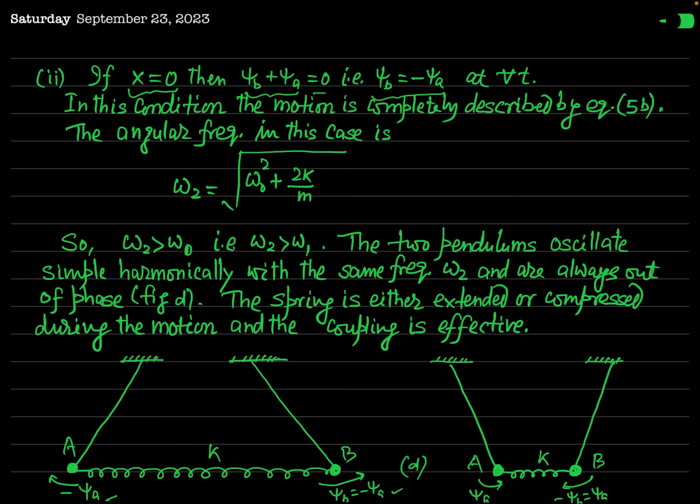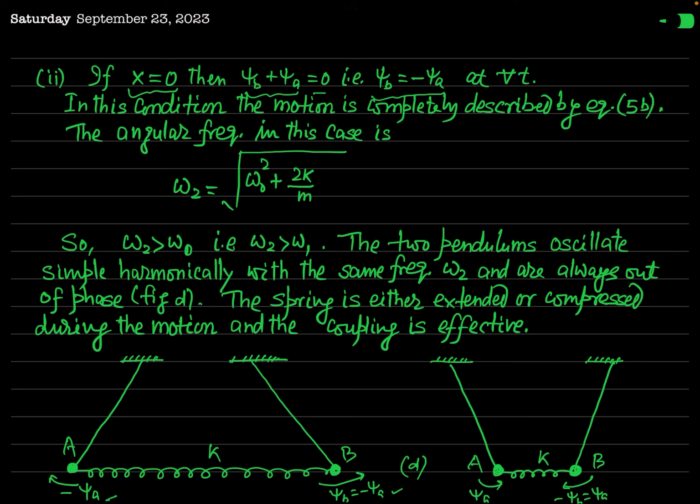In magnitude both displacements are the same, but directions are different, so you cannot say that the displacements of the two bobs are equal.